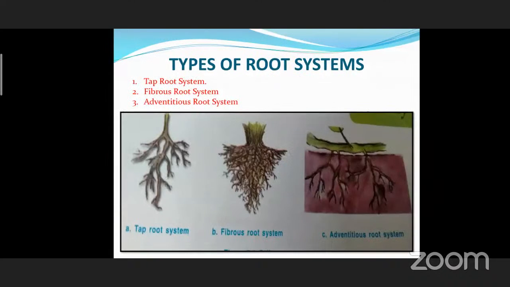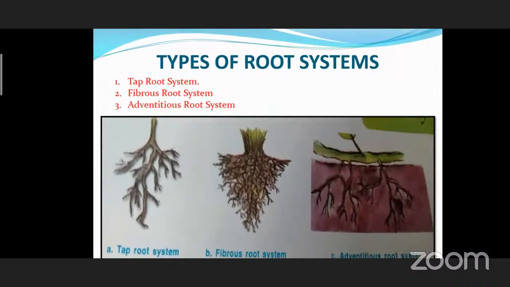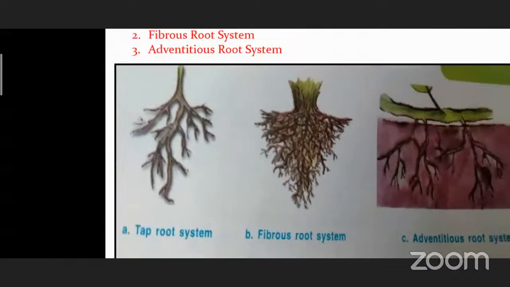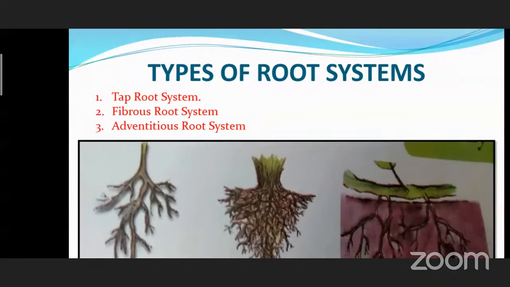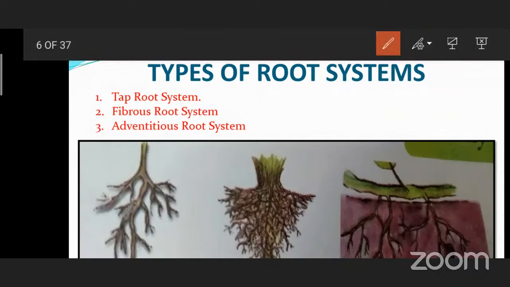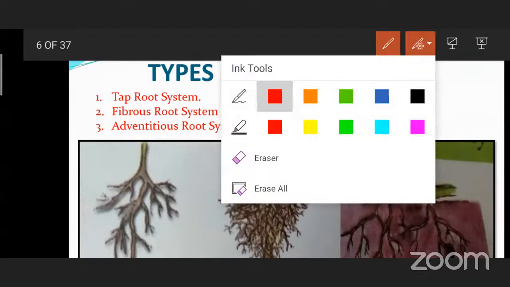So, types of root system. First one, taproot system. Second one, fibrous root system. And third one, adventitious root system.